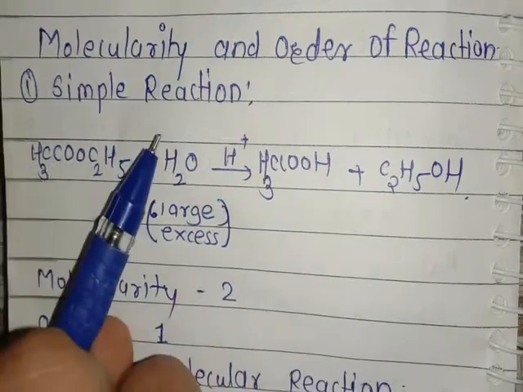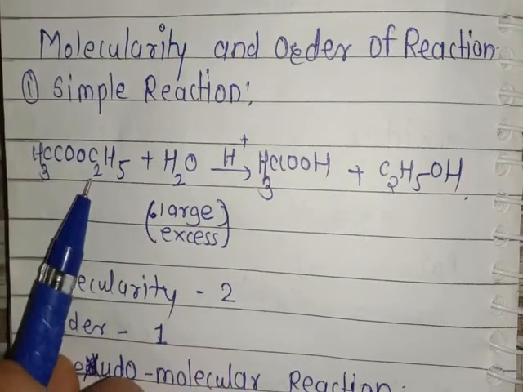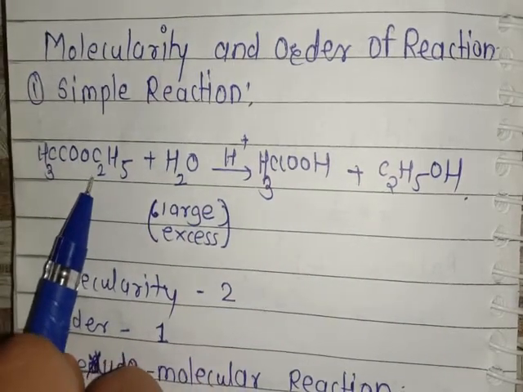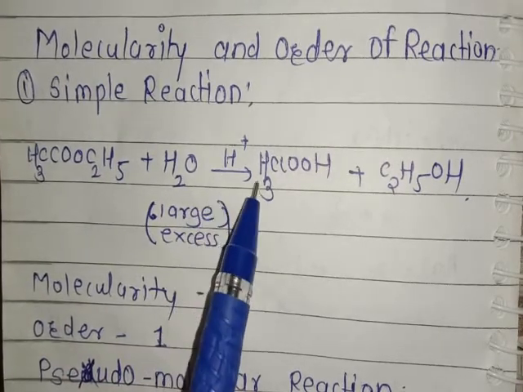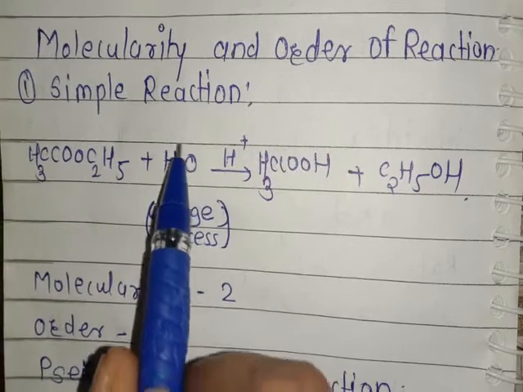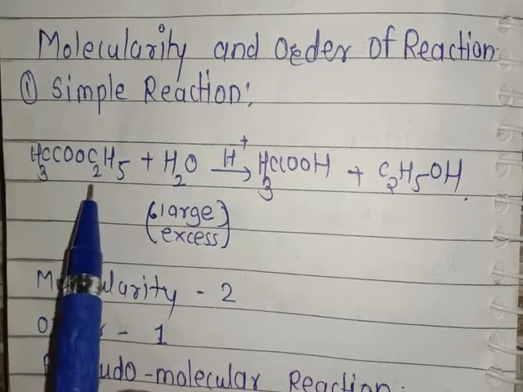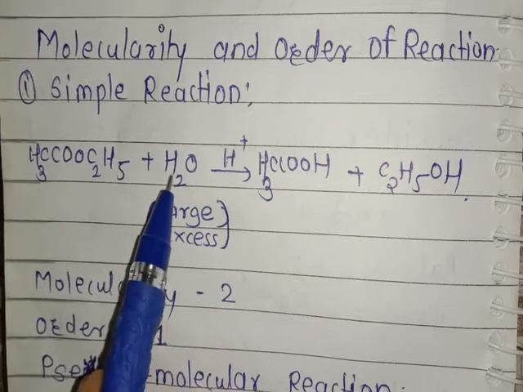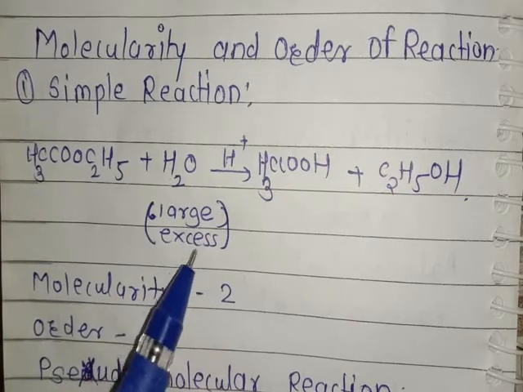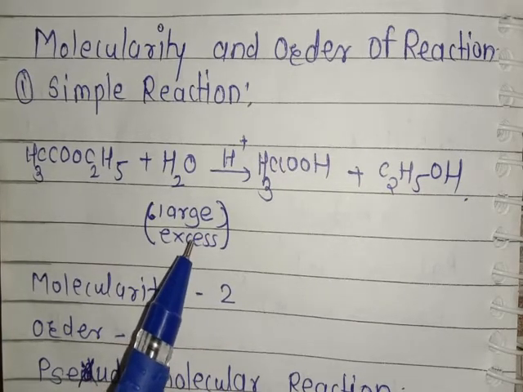Now for a simple reaction, the hydrolysis of ethyl acetate, we get water and ethyl acetate as two reactants, but here the water is used in a large excess amount as a solvent.